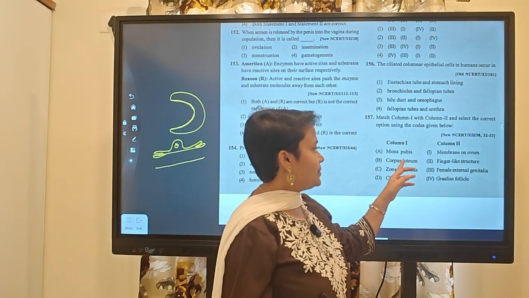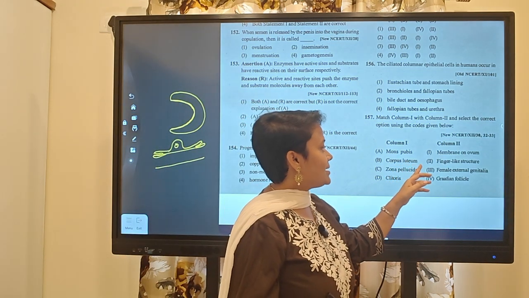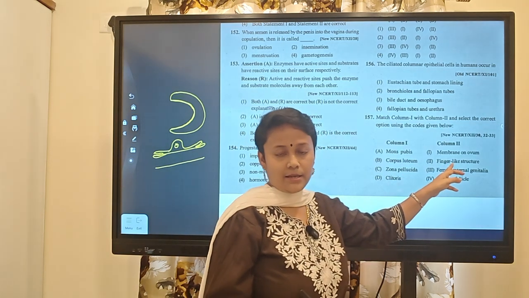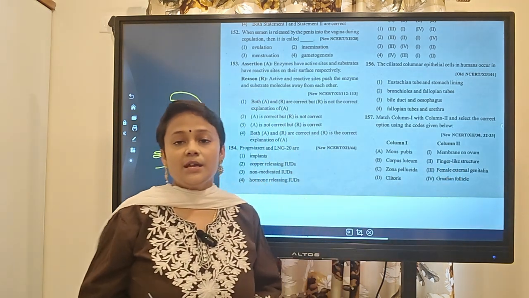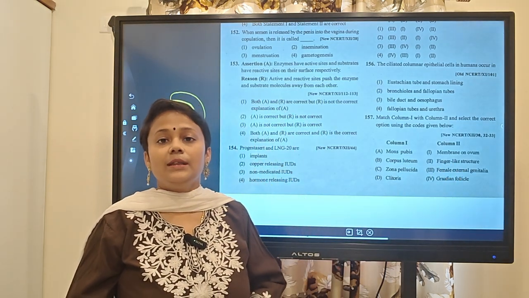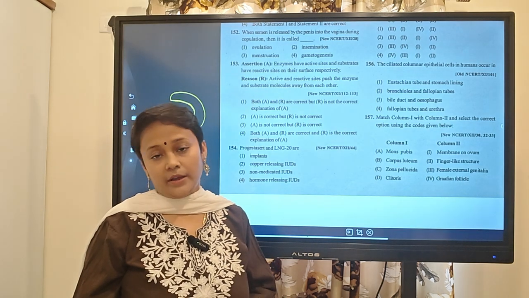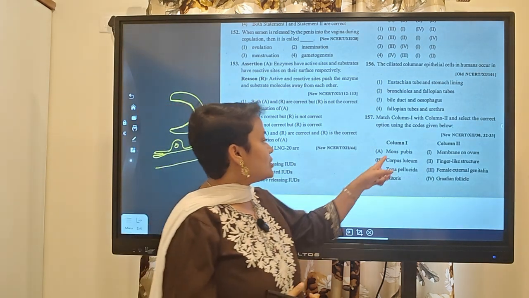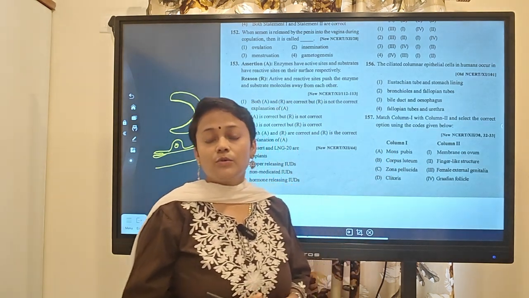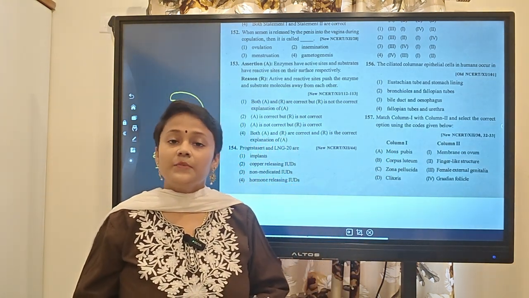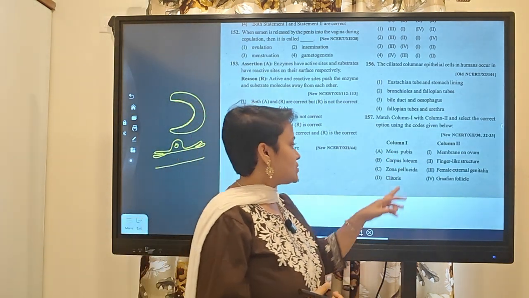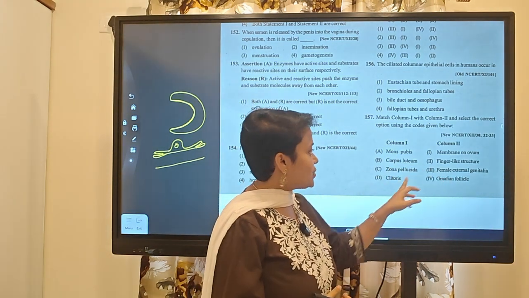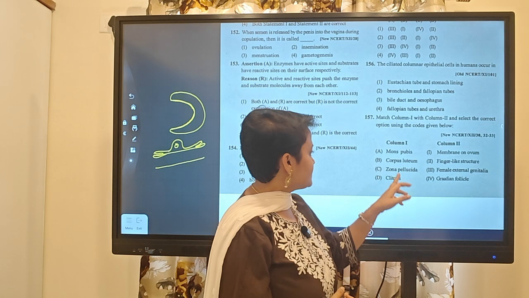But clitoris is a finger-like structure, present at the upper junction of labia minora. Mons pubis is the fatty cushion-like structure having pubic hair, right? Both will come in the female external genitalia, but clitoris is finger-like.